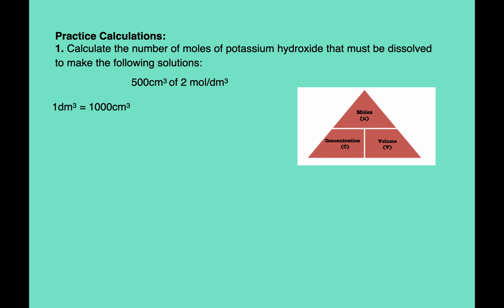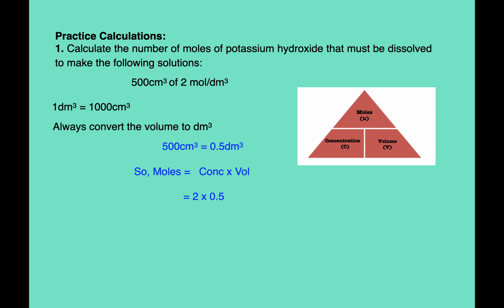Okay? Remember, 1 decimeter cubed is 1,000 centimeter cubed. So we know that we have to convert centimeter cubed to decimeter cubed. So 500 centimeter cubed is 0.5 decimeter cubed. Okay? Moles is concentration times volume, as we saw, is 2 times 0.5, 1 mole.